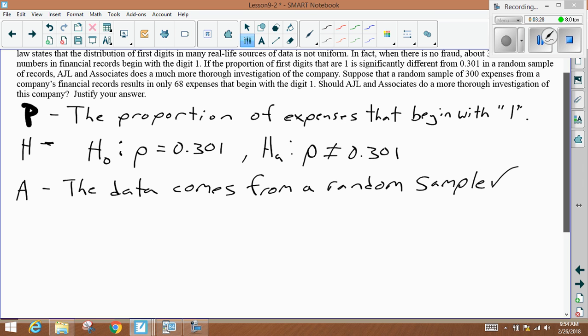Okay. Do we think that the sample is large enough? So what was N? N is 300.